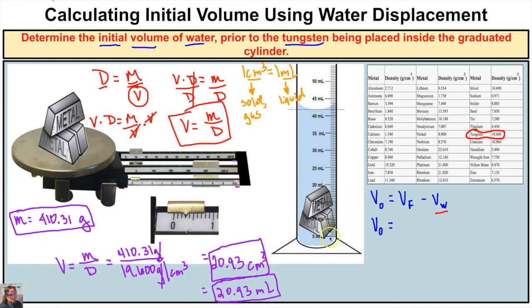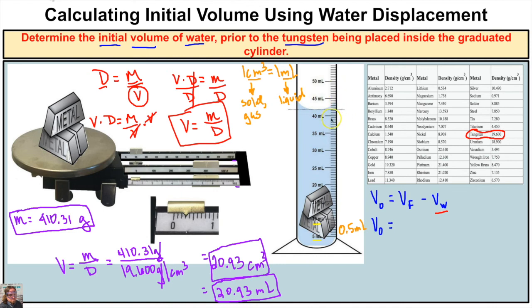In our graduated cylinder here, we have to figure out the increments by which this graduated cylinder is graduated. So if this is 5 milliliters here, and this right here is 10 milliliters, and there's 10 lines in between, then each one of these lines here is going to represent 0.5 milliliters. So this graduated cylinder here is graduated by 0.5 milliliter increments.